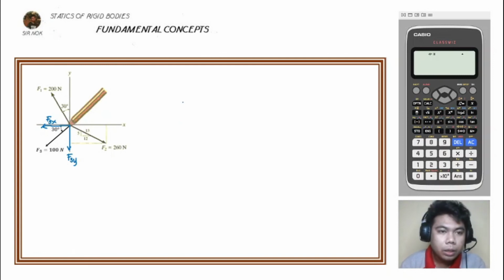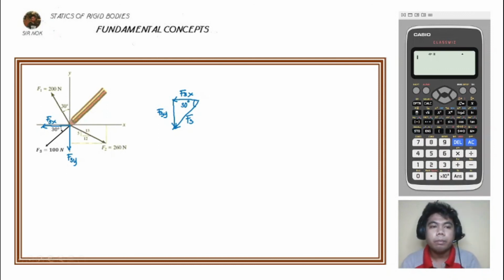So the triangle formed by the x and y components: we have F3x, then F3y, and the force F3. And that is 30 degrees below the negative x-axis.